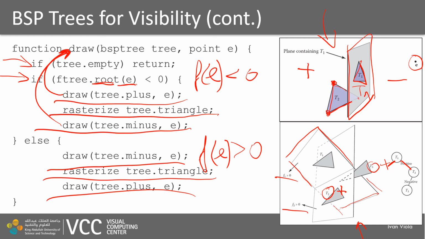And then we have the T2 as a partitioning triangle, and that one is partitioning the space into two half spaces, and our T3 will be in the negative half space with respect to T2.